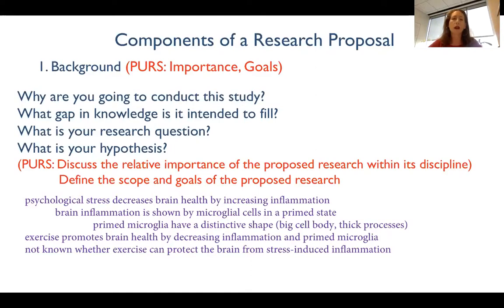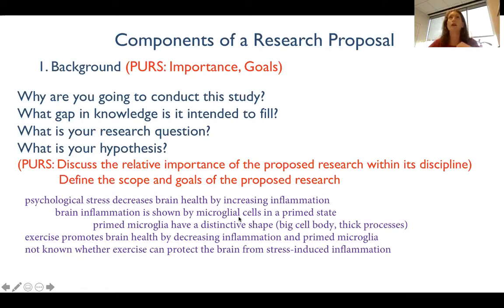And so we had a pre-existing study that was looking at the fact that psychological stress decreases brain health by increasing inflammation. So this is something that was already known before we started this project, okay? It's been well established that a stressed out brain is an inflamed brain. When you're looking at brain inflammation, one of the ways that you can quantify it is by counting what are called microglial cells.